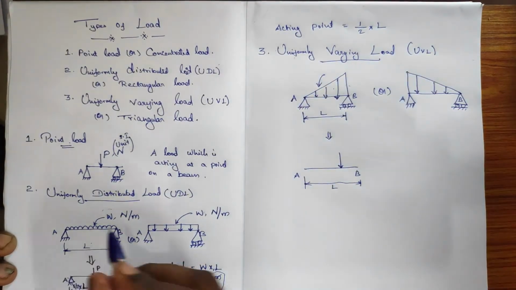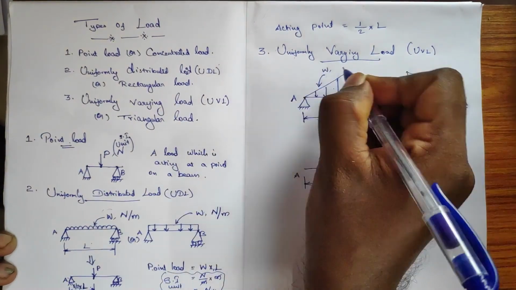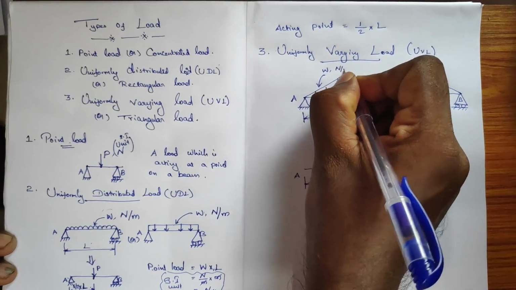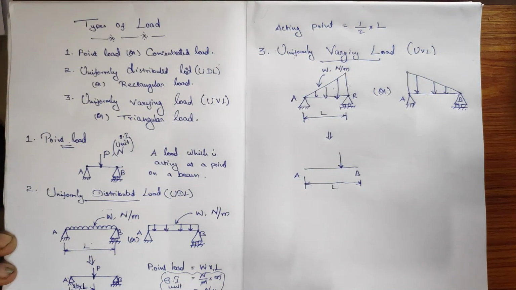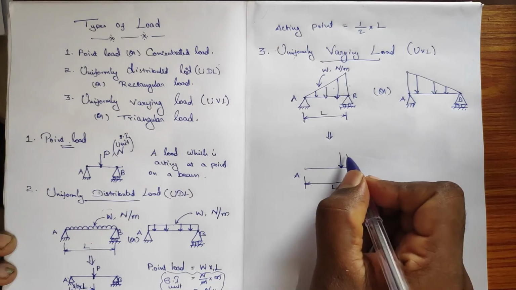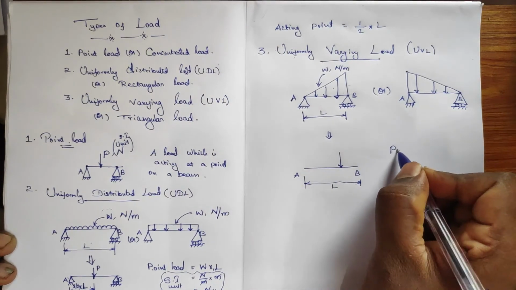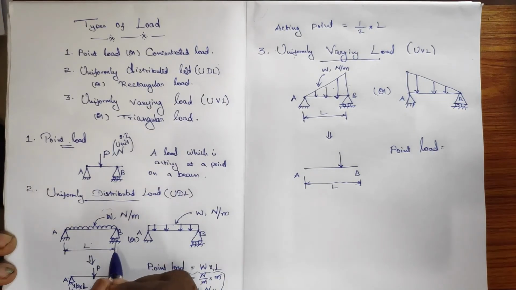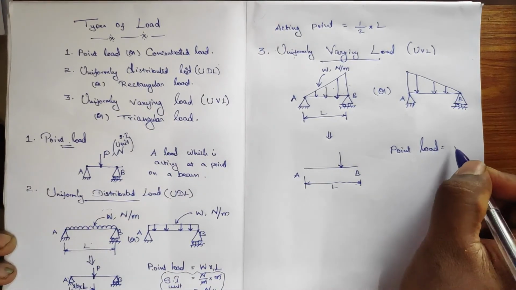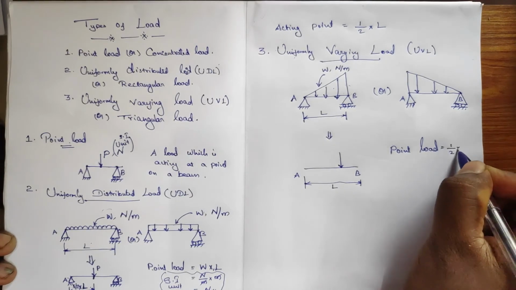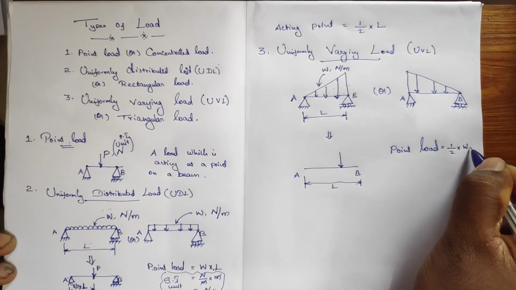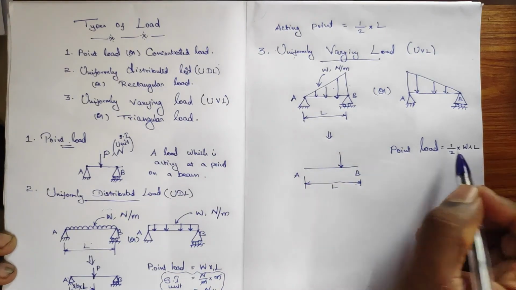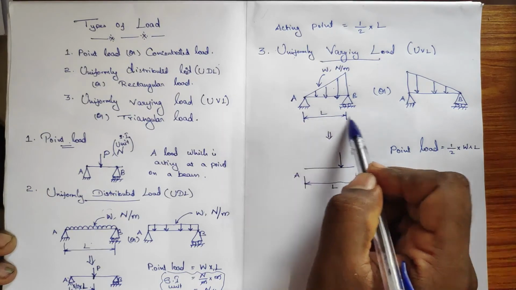in a similar manner to the uniformly distributed load, here as well the load is W, and the SI unit is Newton per meter. Okay, fine. Here, if I want to convert it into a point load, it is just a formula: 1 by 2 into the load into its length.